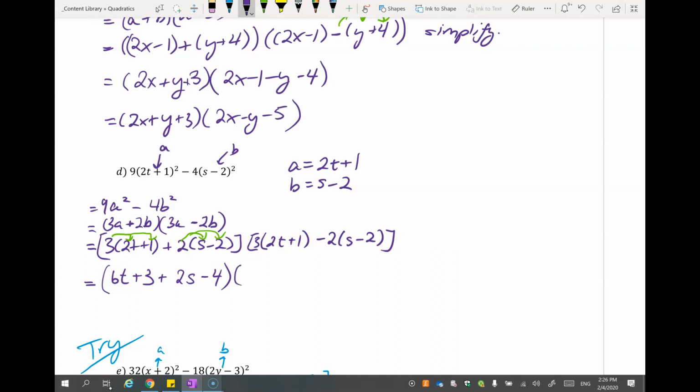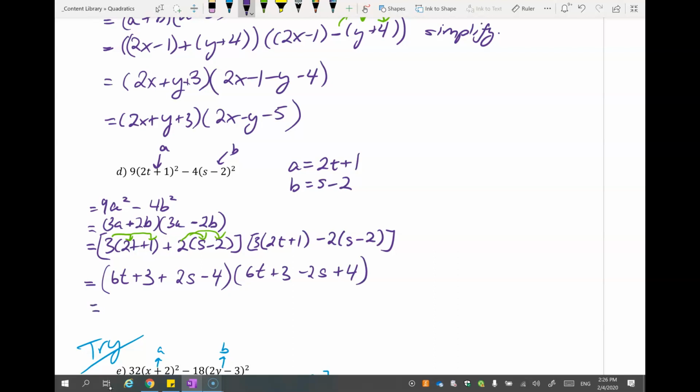Then another set of brackets, we have 3 times 2t, which is 6t, and then 3 times 1, which is 3. We're going to multiply by -2 to s and -2. So -2 times s is -2s, and -2 times -2 is +4.